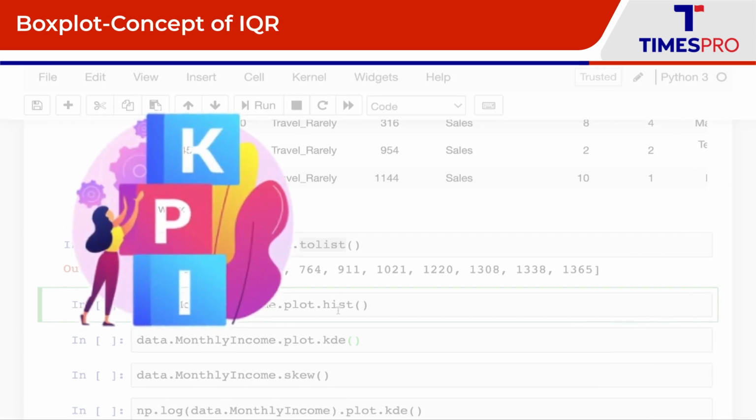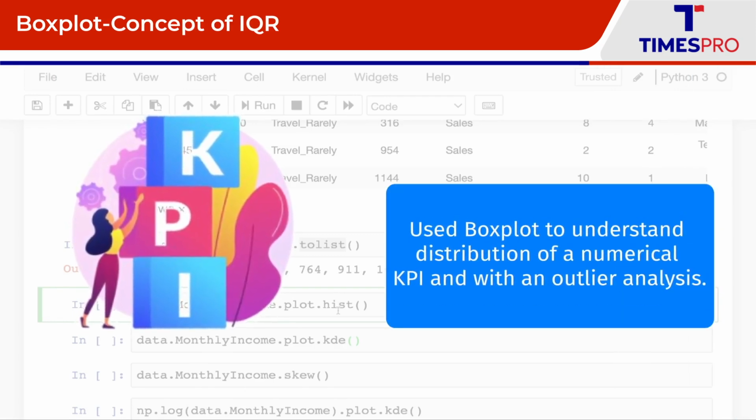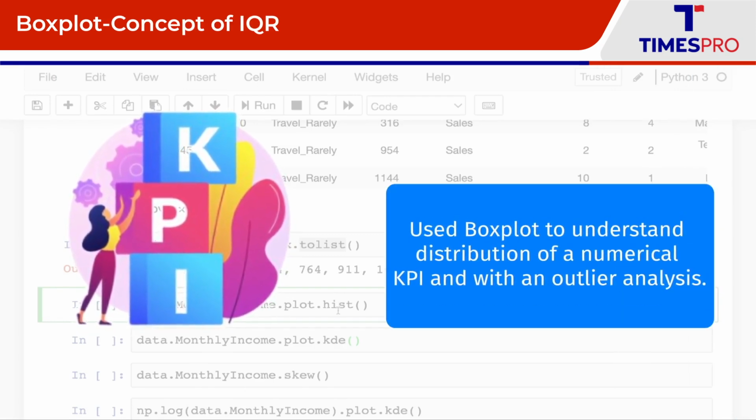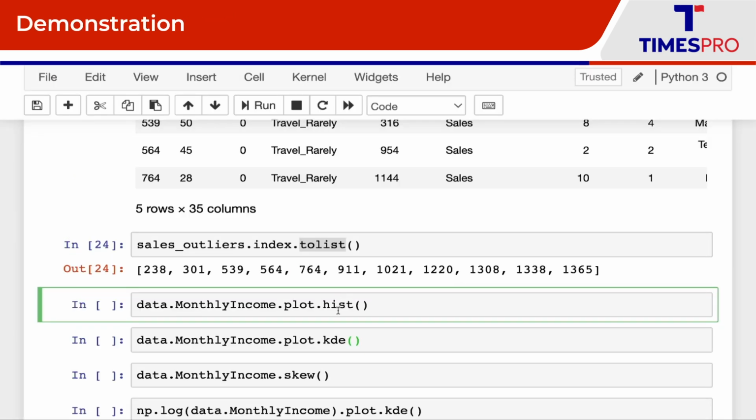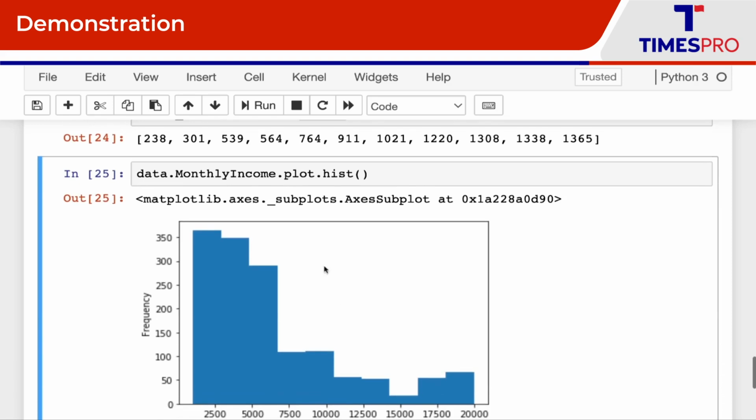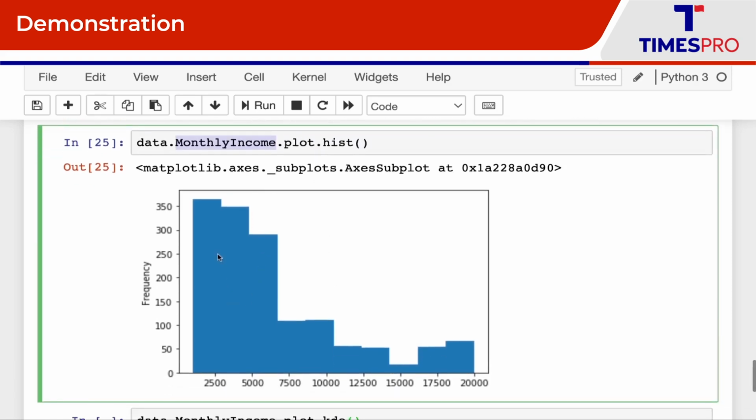So what we have done is use boxplot to understand the distribution of a numerical KPI, and also we did outlier analysis. Now let's look at what kind of distribution it is using a histogram. Here I'm using dot plot dot hist on top of the monthly income column. You can see that it's a right skewed distribution because you have a long tail on the right hand side.